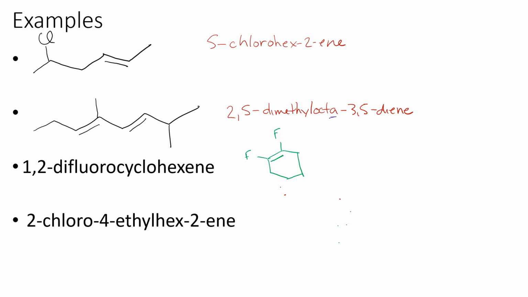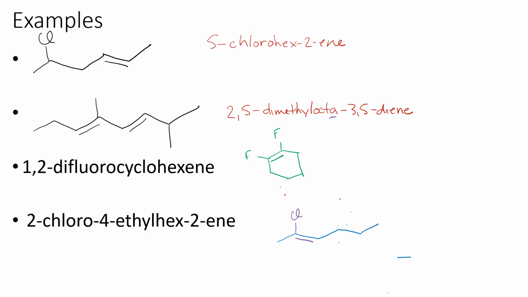Then we have our structure for 2-chloro-4-ethylhex-2-ene. Once again, we have a 6-membered carbon chain, but this time it is a straight chain. On the second carbon atom, we have a double bond. From there, on the second carbon, we have a chloro group as well.